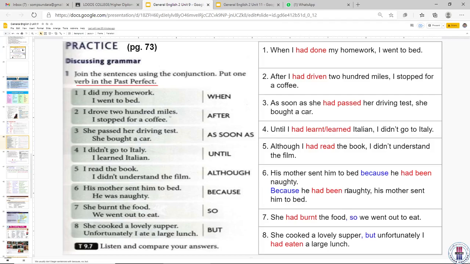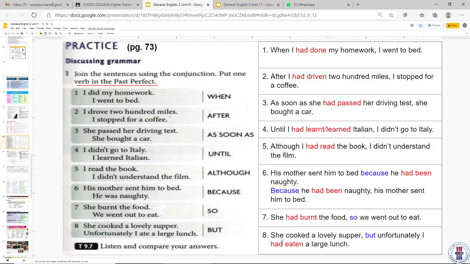This is the same sentence, but I put this dependent clause in front. Because he had been naughty, comma, his mother sent him to bed. Okay? So when we put the dependent clauses at the beginning of a sentence, make sure you use a comma.